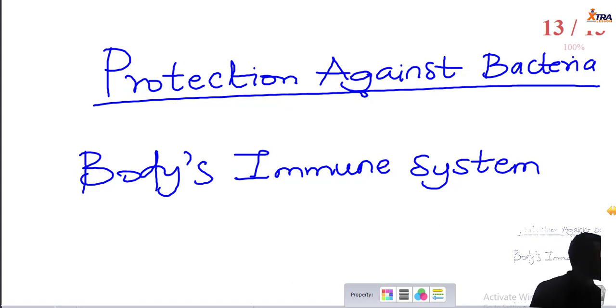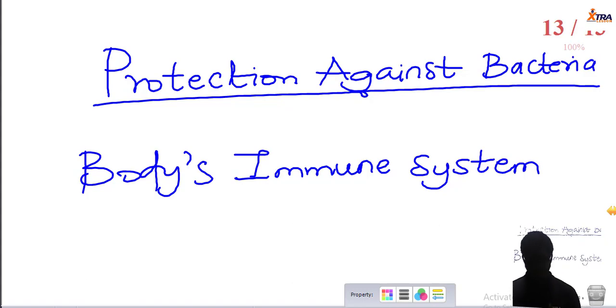Now, innate immunity is more like your first line of action. That's mediated by your natural killer cells, your neutrophils, basically the phagocytic cells, even your macrophages as well. So you encounter a bacteria in the system.